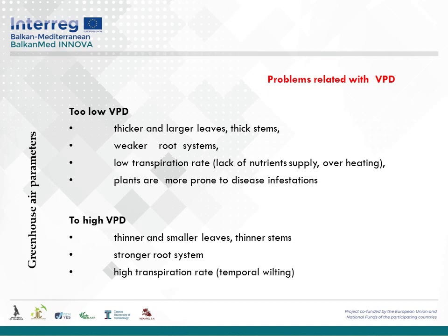But the problem in such cases is of course the high transpiration rate, and it might happen that because of the high transpiration rate, there will not be enough water entering the plant through the root system to support it.